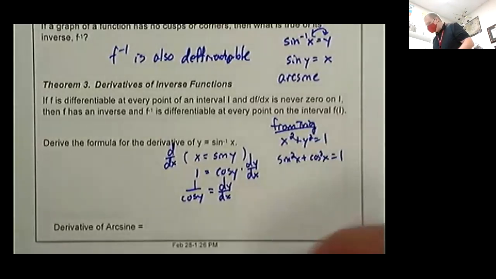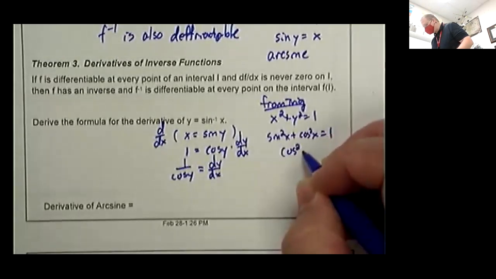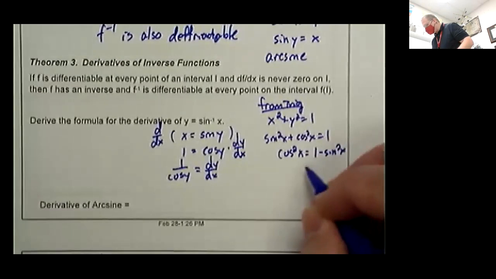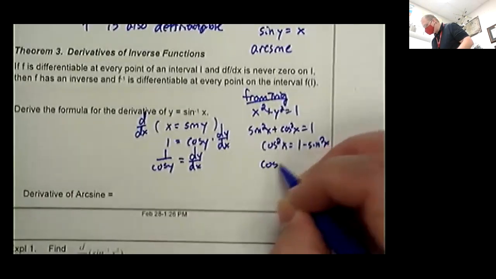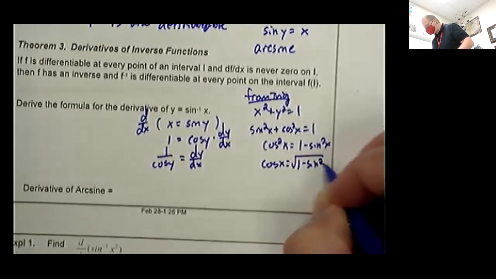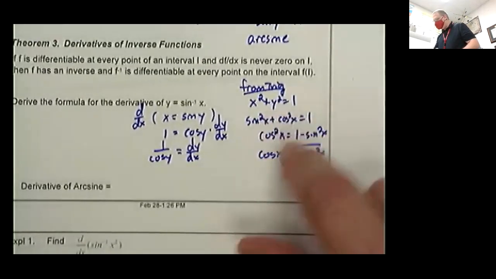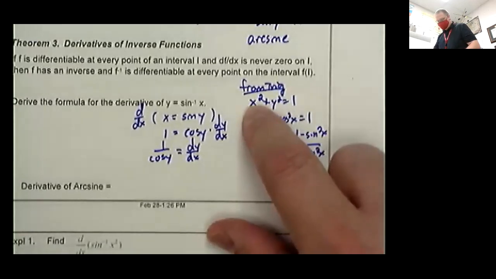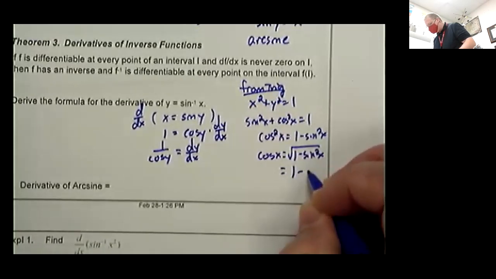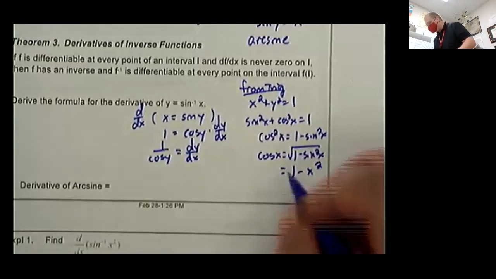In this case we could have used y, the same thing. We solve for cosine. So cosine squared of x is equal to 1 minus sine squared of x, and that gets us cosine of x is equal to the square root of 1 minus sine squared of x. But remember, sine is also the vertical, so we can actually just call this 1 minus x squared, the square root of 1 minus x squared.